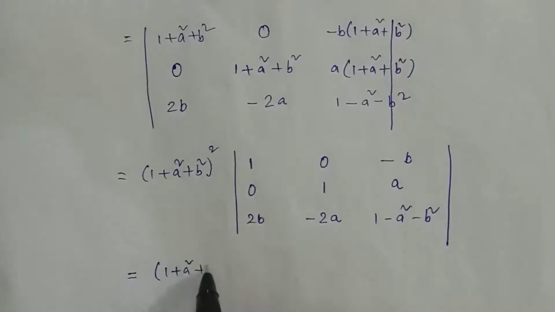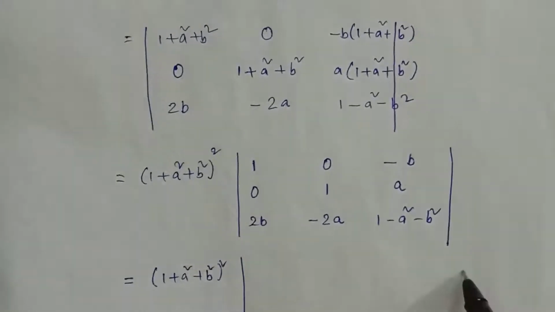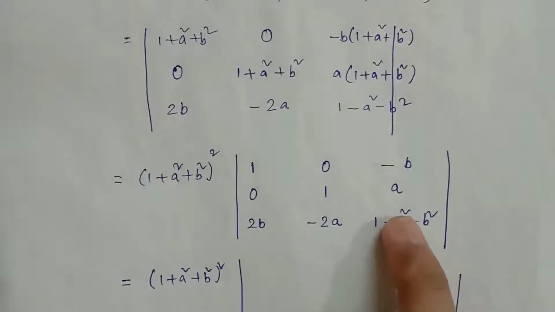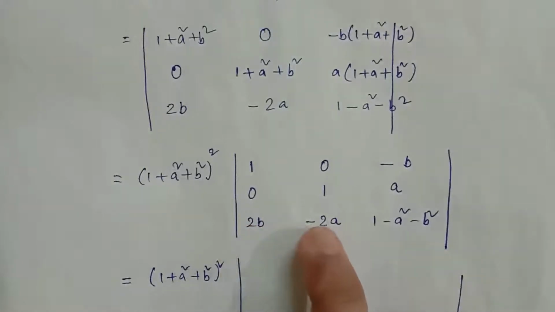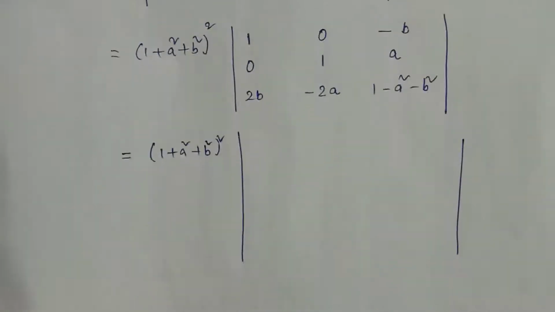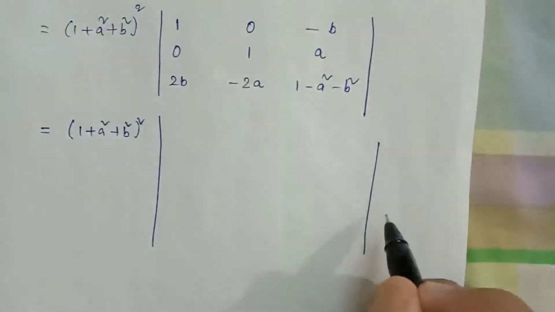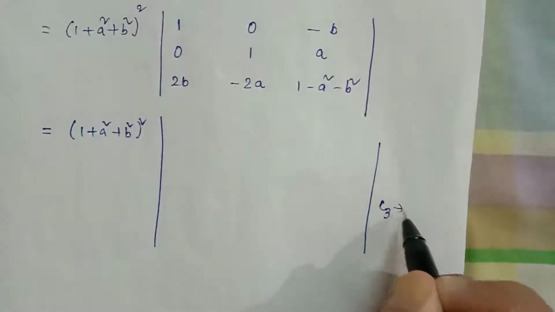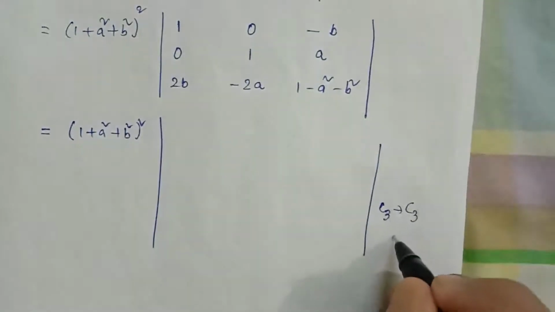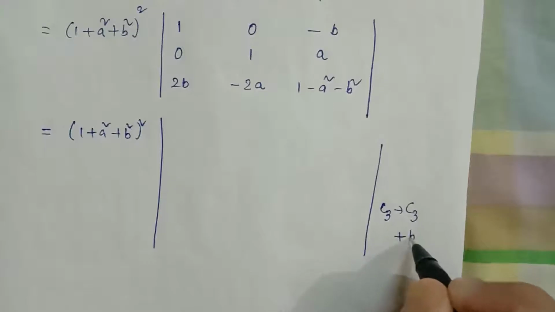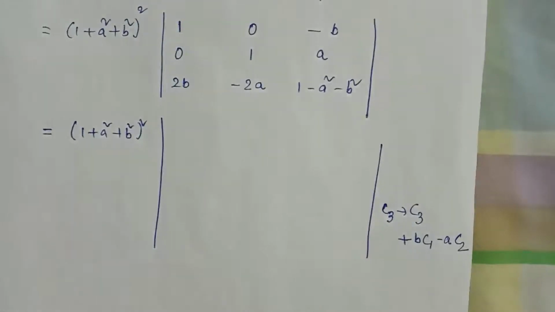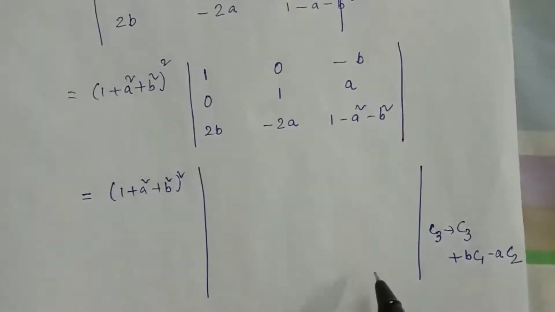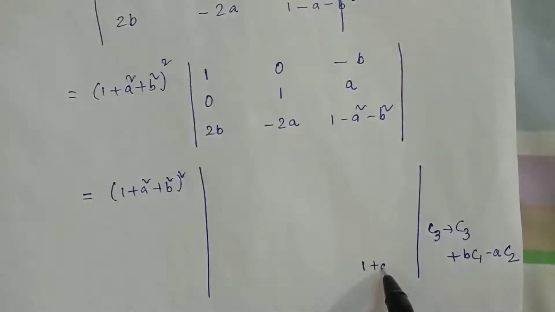You can see, if we do this, C3 plus b into C1 minus a into C2. If we replace C3 by C3 plus b into C1 minus a into C2, what will we get?